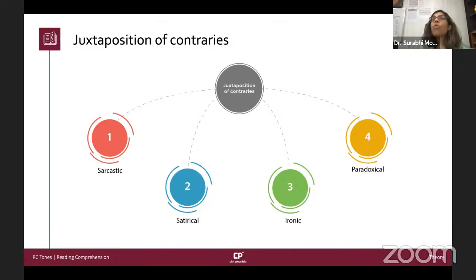So irony is, if I can give you a one-line example, irony can be that because of the rains, you could not reach your own birthday party. So do you see the irony here? It was your party, your birthday, but due to the rains, you could not reach there.